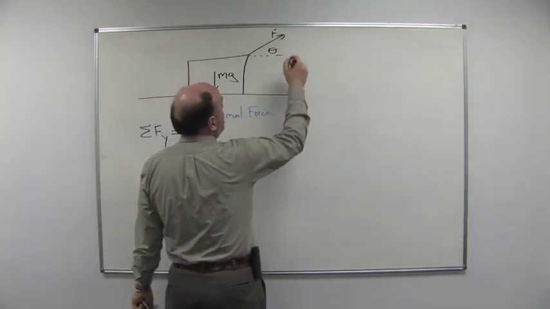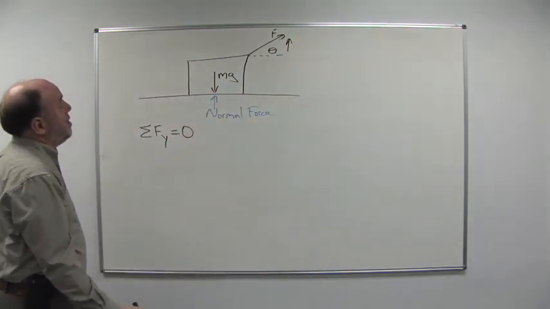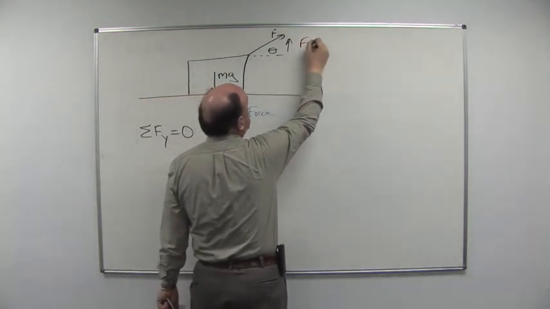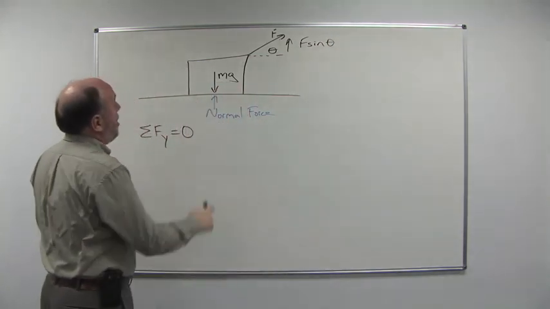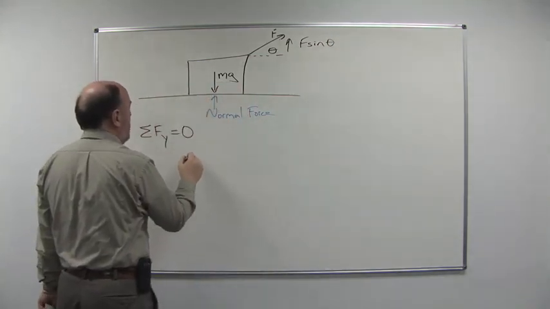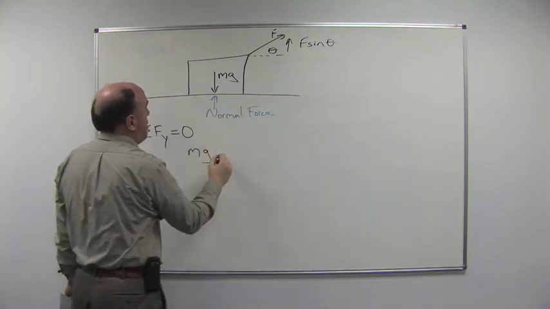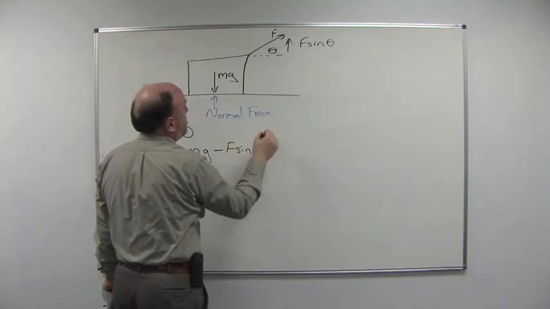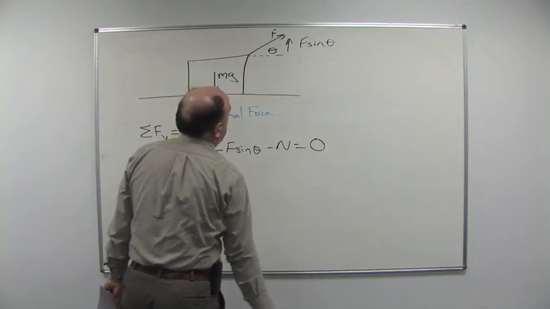This time, this force is also in the up direction, and this will again be given by sine theta. So in the positive direction we have the weight. In the negative direction, we have the upward component of this applied force, and we also have the normal force.